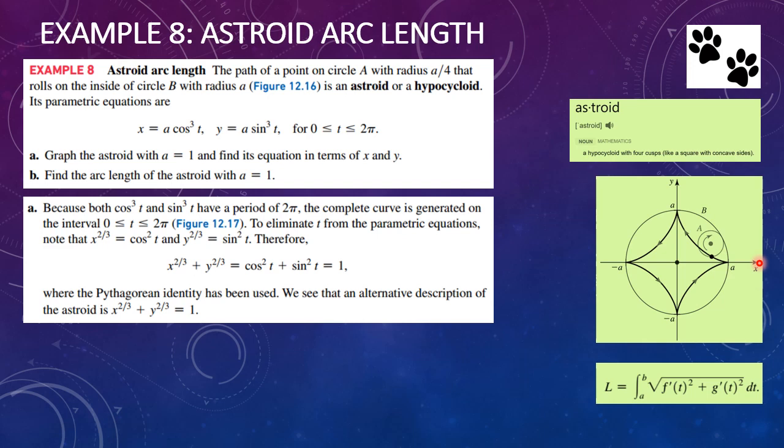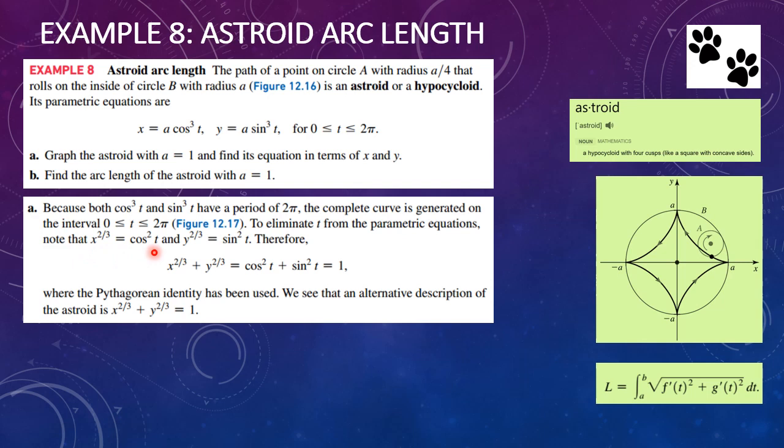So to eliminate t from the parametric equations, they've done something clever here. So instead of trying to define t by taking the cube root of x, etc., which we sort of are doing, we've got the value of a equals 1, so we just have x equals cosine cubed t, etc. But instead of just taking the cube root and making this the cube root of x equals cosine t, they've decided to square that again, and so we get x to the 2/3 equals cosine squared t.